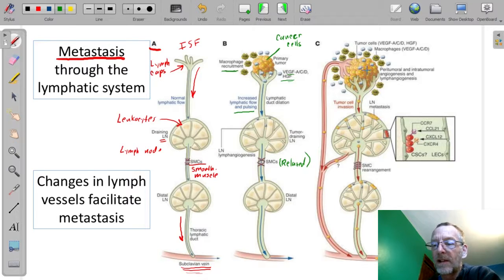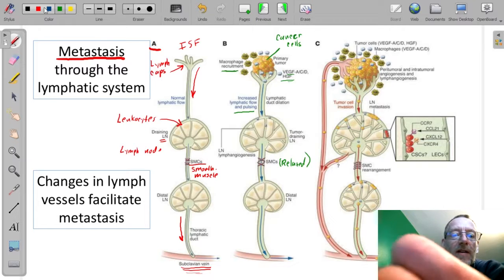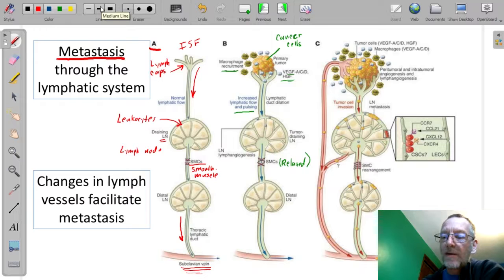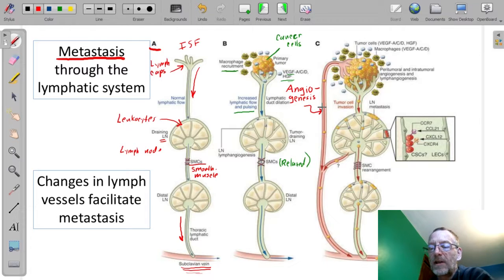On the far right, the tumor has developed larger, with more signal molecules. A couple of things to note is that we now have new blood vessels that have formed. And this is a vein. They haven't drawn the artery, but let's just refer to this as angiogenesis, which is the creation of new blood flow.